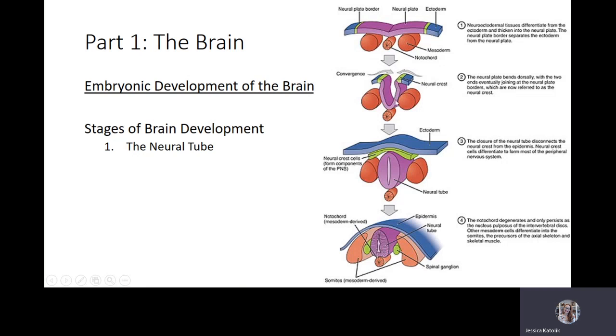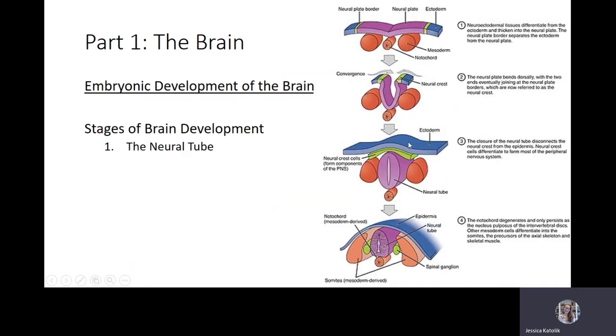And eventually these cells will fuse together around day 23 of gestation to form the neural tube. This will become the central nervous system. It'll form the neural crest. That's where these neural plate border cells came from. They will become components of the peripheral nervous system.